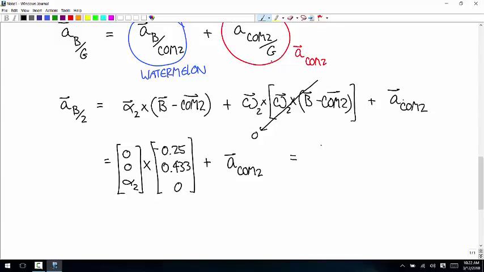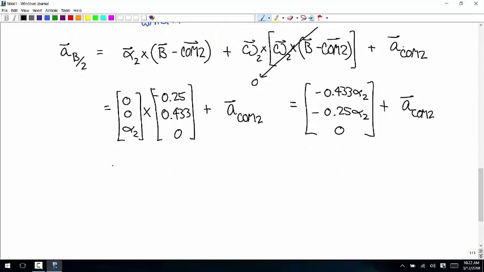Okay, so we got negative 0.433 alpha 2. No, that's positive. No, that was right. And then this is also negative 0.25 alpha 2, plus the center of mass of 2.